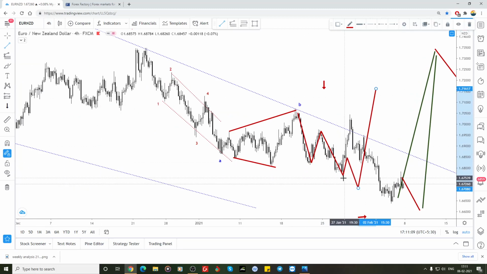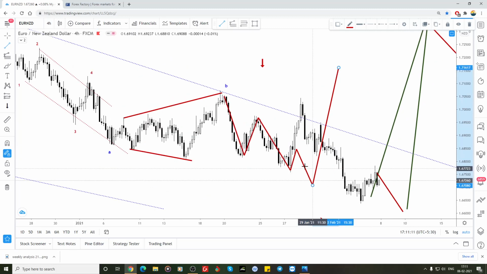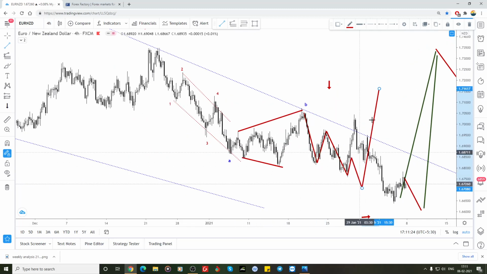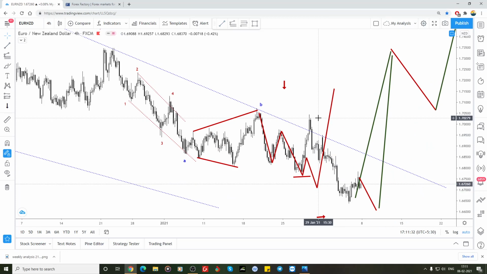So what did it do? I'm expecting this, and immediately it did this one, and I got FOMO, fear of missing out. So I said whether this could be the end of the fifth wave, and immediately I posted whether this is the end of the trend and we are in that bullish, and I shared my view, but I didn't buy.